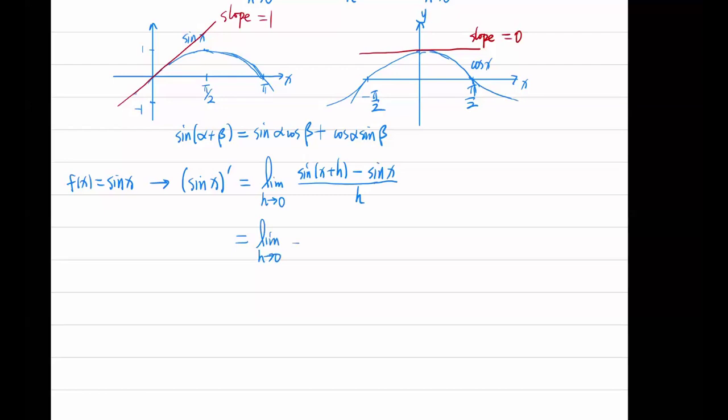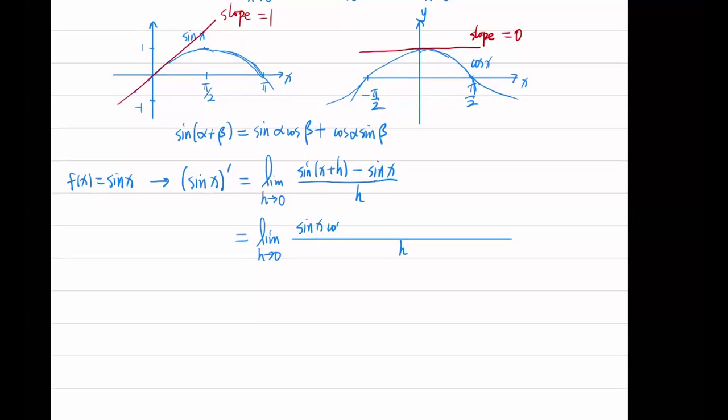We will apply the angle addition formula to the first term. The limit as h goes to 0 is a little bit long. Sine x cosine h plus cosine x sine h, minus sine x. Now we pair terms. We will split this into two parts. I will put these two terms together: for these, sine x times (cosine h minus 1).